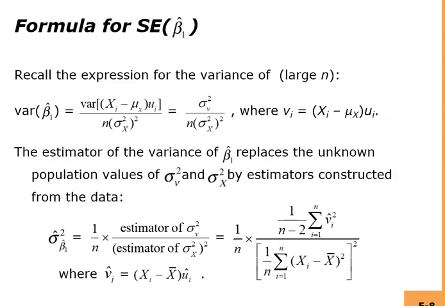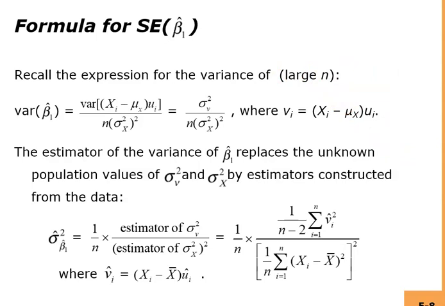If the variance of x is lower, it would give us less accuracy when we are drawing the line of best fit through the scatter plot. That is how I make some intuitive sense out of this formula for the variance of beta 1 hat.